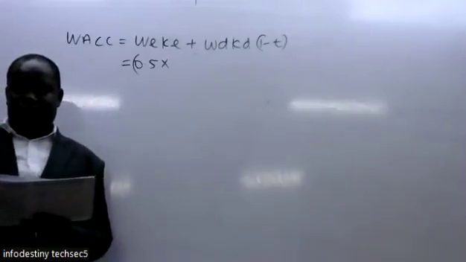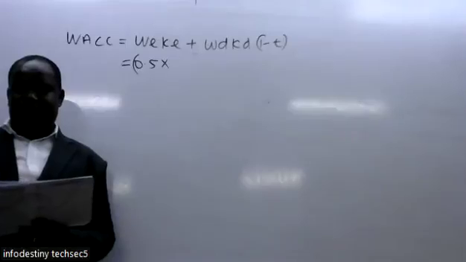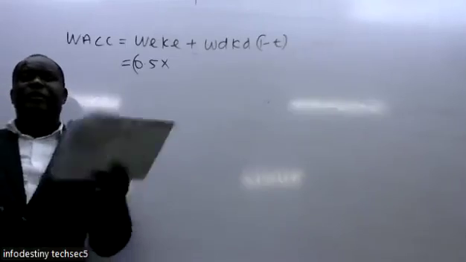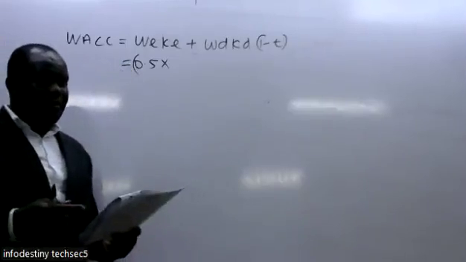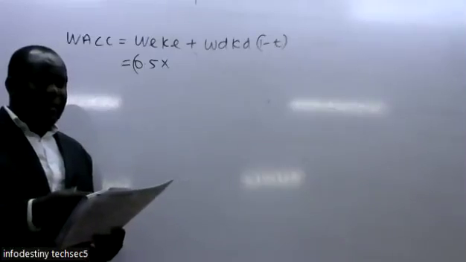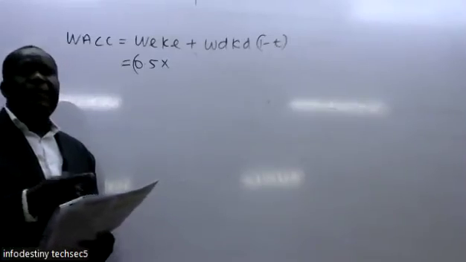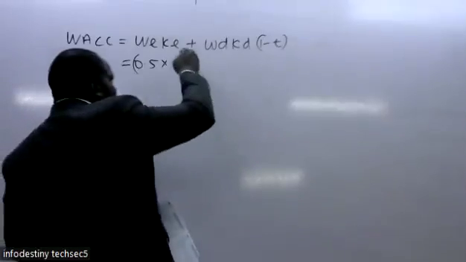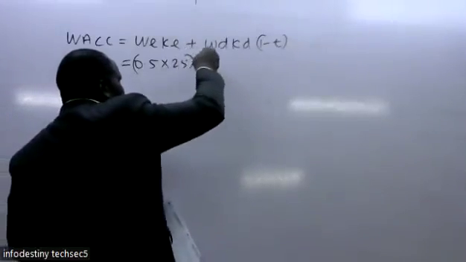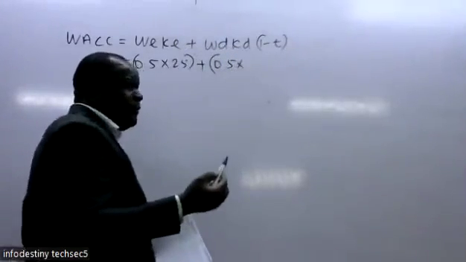So what should be the cost of equity? There are 15 and 25. One of them is for debt and the other for equity, and the one for equity is 25. They said that the before tax cost of debt and the cost of equity are 15% and 25%, so 25 refers to equity. Then we add the debt, which is also 0.5 because there was 50%.